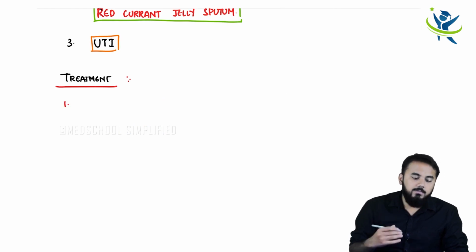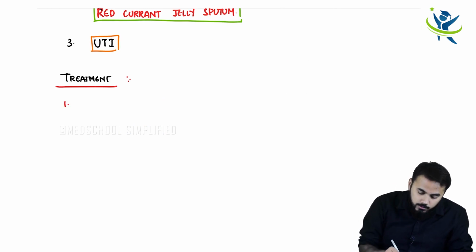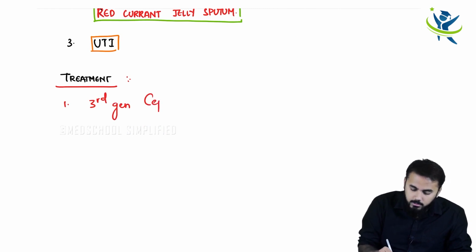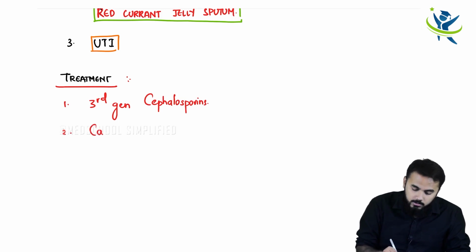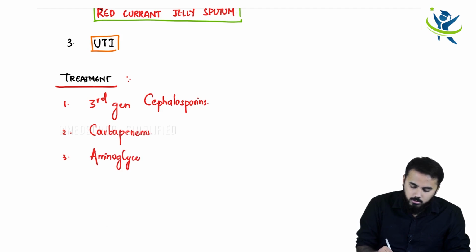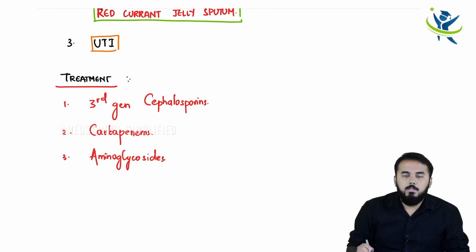The first line of drugs you give is third generation cephalosporins. Not only third generation cephalosporins, you also give carbapenems. Along with the carbapenems, you also give aminoglycosides. Okay. Thank you so much.